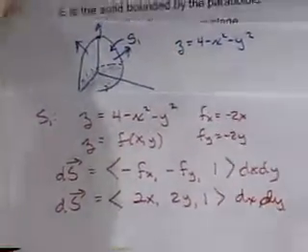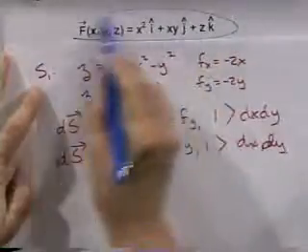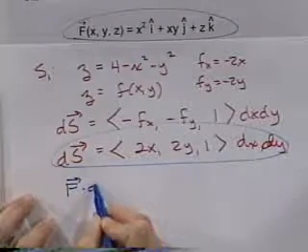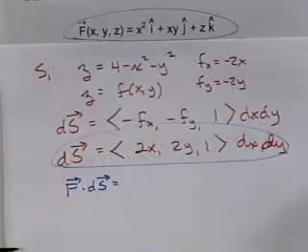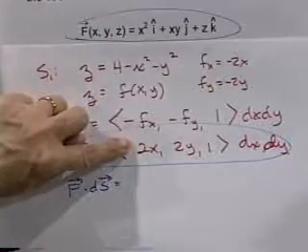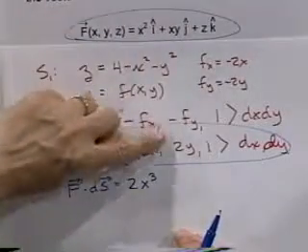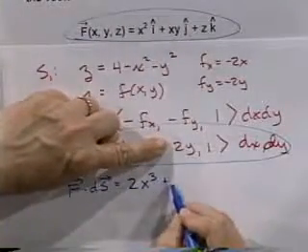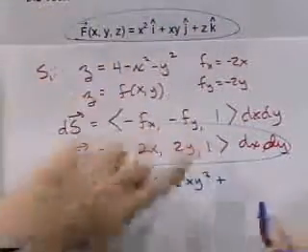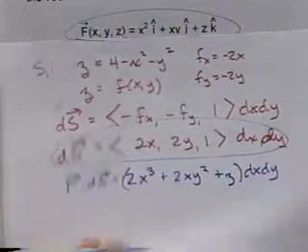Now we've got to take f dot ds, and that's pretty easy, because here's my f, here's my ds. So f dot ds is you multiply your x components plus your y component plus your z component. So I've got an x squared times a 2x, which is 2x cubed. I got an xy times a 2xy, which is 2xy squared. And then I got a 1 times a z, which is z. And don't forget the dx dy.